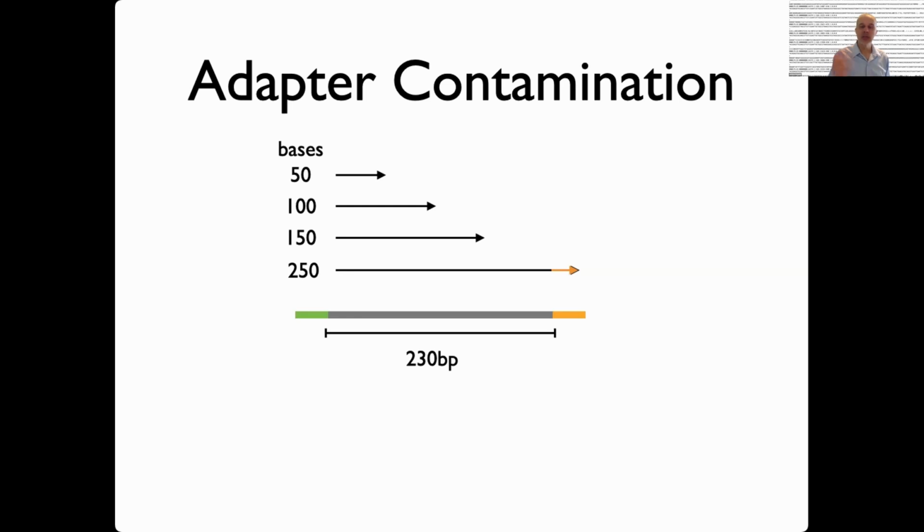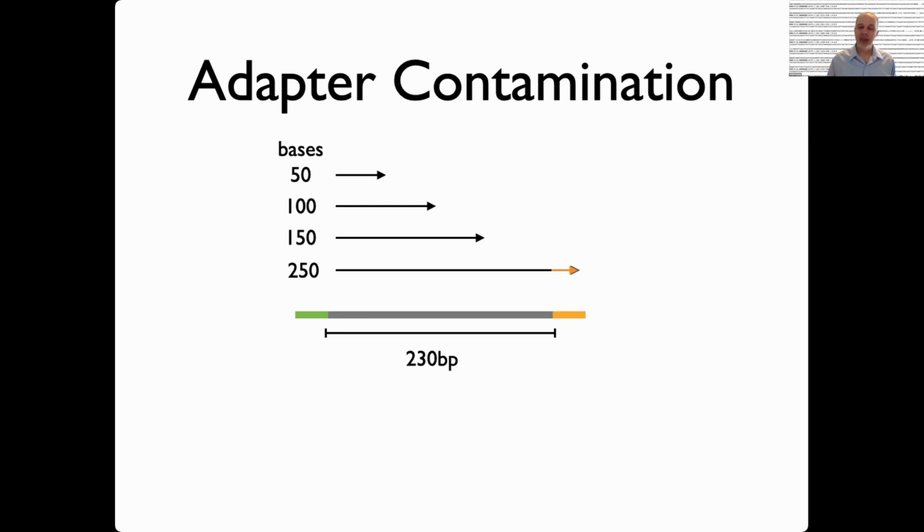But like I mentioned, there's some software that we would use in subsequent steps, not the software we're using today, but for other types of analysis that just can't handle Ns. And so if you substituted Ns, it would certainly be problematic for that. For what we're doing today, you could get away with substituting Ns.